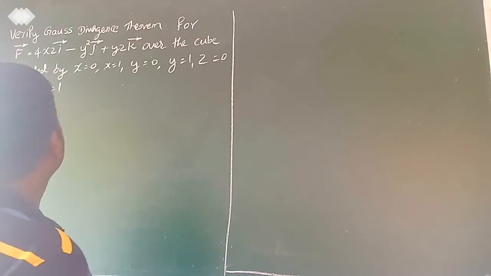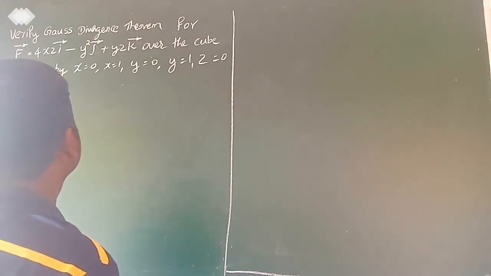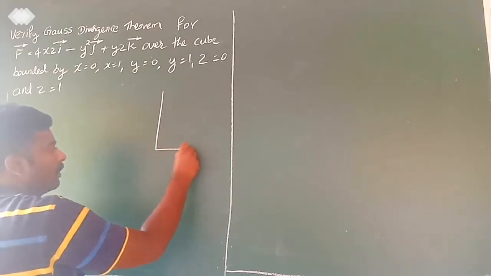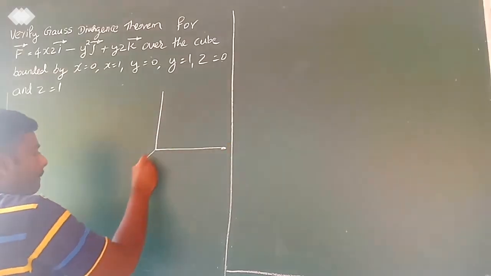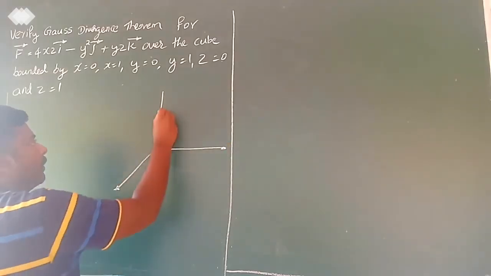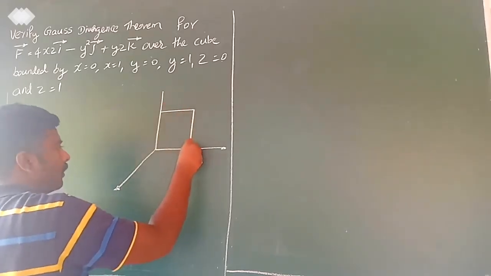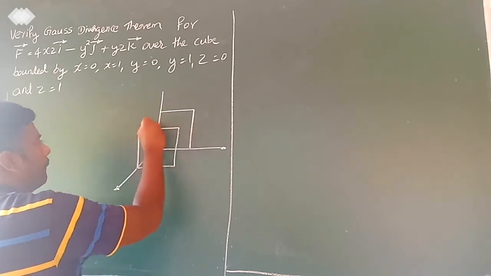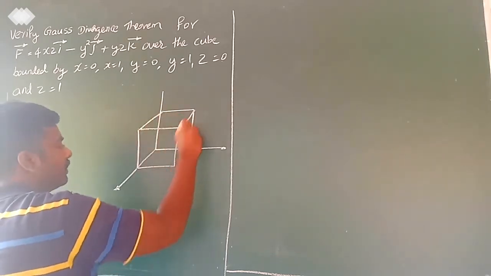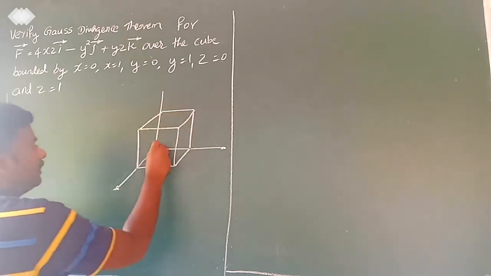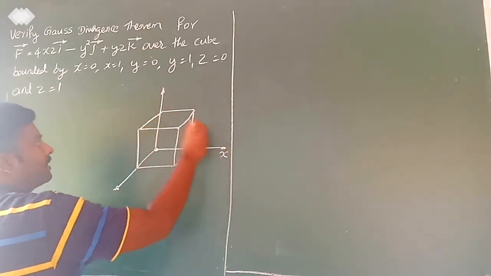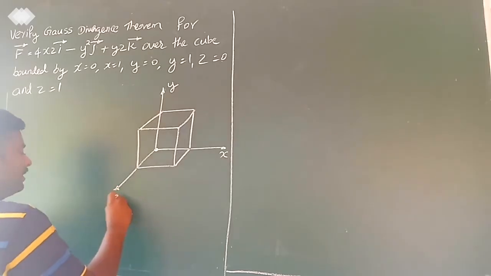So over the cube bounded by, first here we are going to draw the cube. This is the cube and this is the origin, and this is the x-axis, y-axis, z-axis.